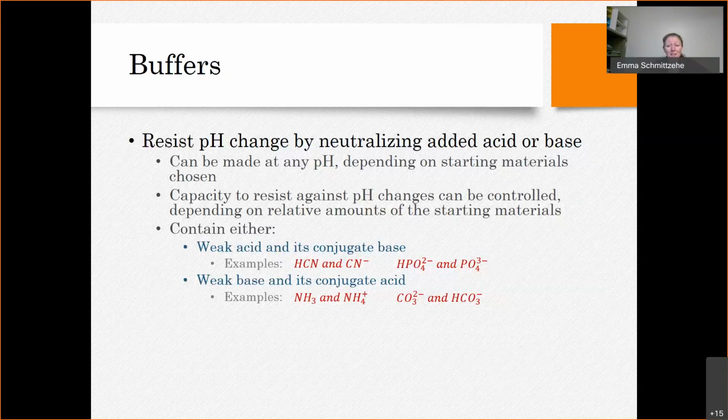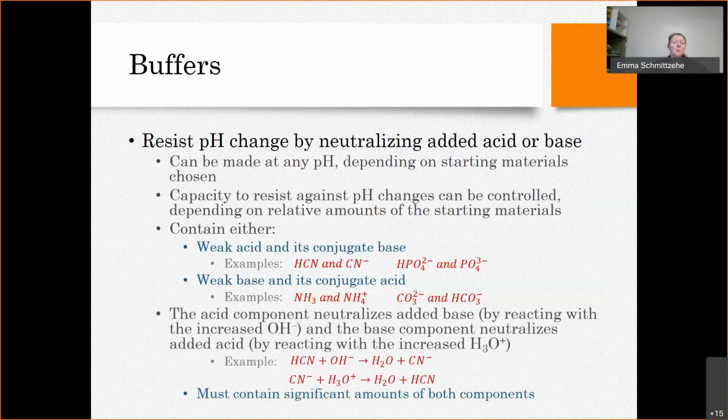Now, how it does that is by actually reacting with acid or base that is added, okay? And so the special thing about this is when you have a conjugate acid-base pair, that acid and base can't react with one another. So when you have HCN and CN minus, even though HCN is an acid and CN minus is a base, they won't actually neutralize one another.